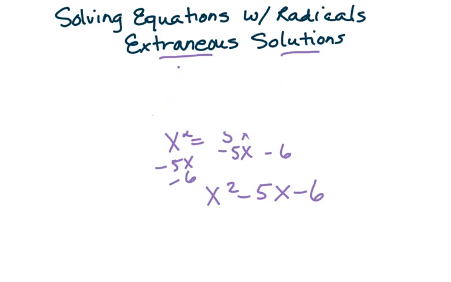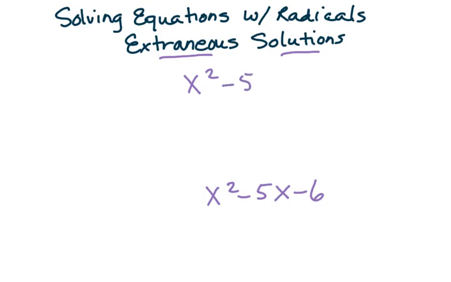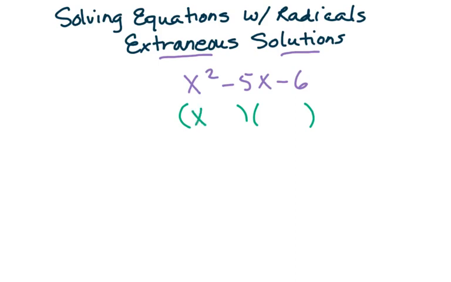I'm just going to erase some stuff to give myself a little room here. All right, so when I factor this, just a minute, guys, let me do this so you can see better. I'm going to factor this, and I'm going to have x minus 6 and x plus 1. When I multiply those together, I'll get that negative 5x in the middle.